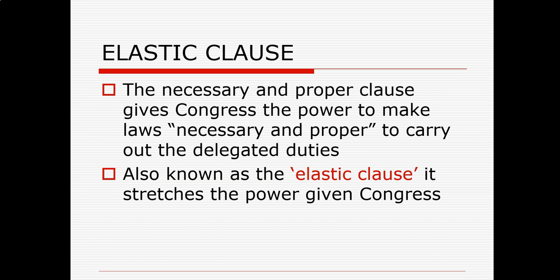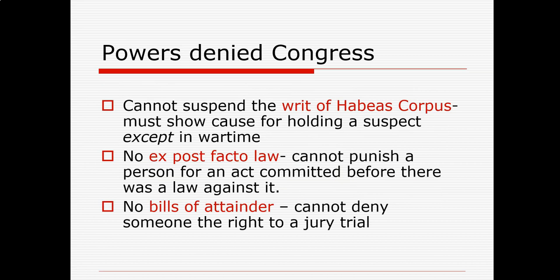This clause can actually extend, stretch the powers of Congress, and sometimes Congress does use it because the Founding Fathers did not mention each power, one by one, but instead they added this clause because they knew that something would come up that is not written in the Constitution. So this gives Congress the power to do what it needs in order to continue running the country.